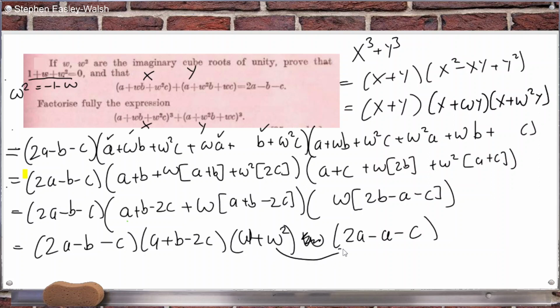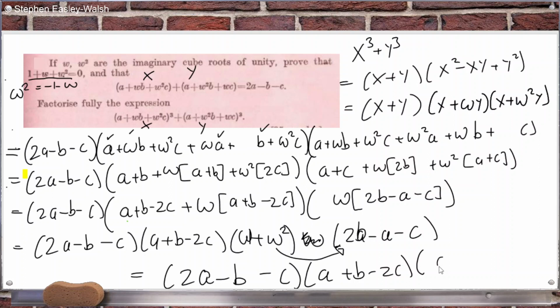And then I can multiply the minus 1 into that guy. Oh, I wrote 2a there. Sorry, that's 2b. I can multiply the minus 1 in. So I'm left with 2a minus b minus c times a plus b minus 2c times a minus 2b plus c.